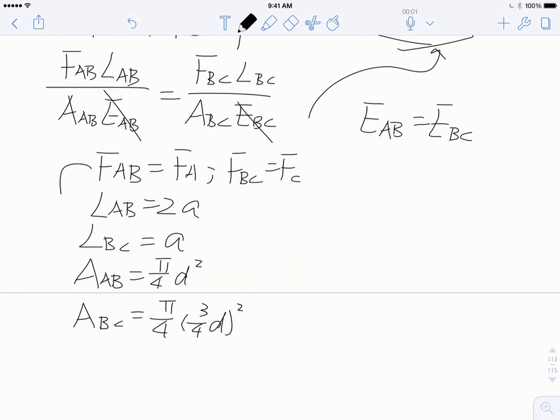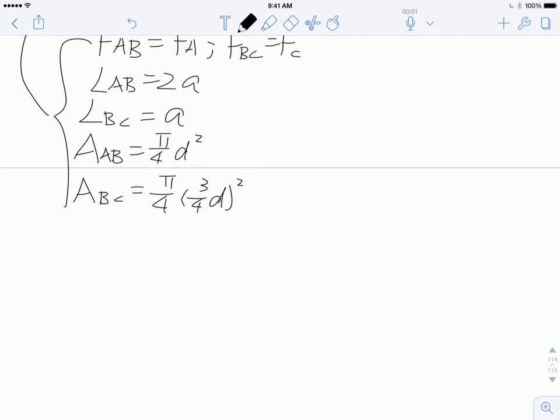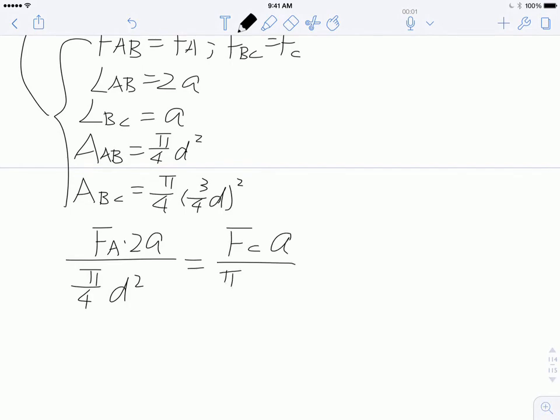Plug everything in, then we should have our ultimate equation. FA times 2a divided by pi d squared over 4 should equal FC times a divided by pi over 4 times 3 over 4 d squared.